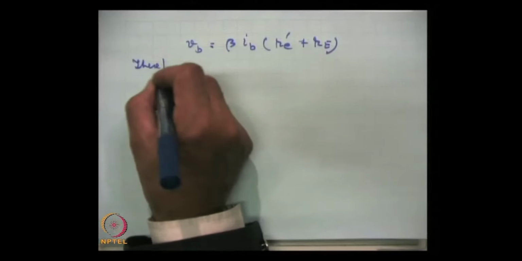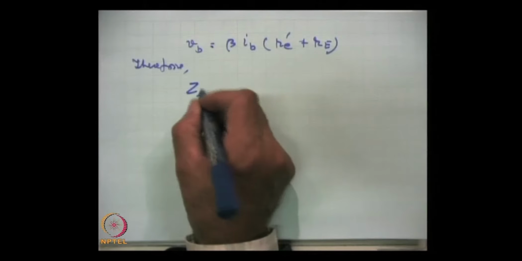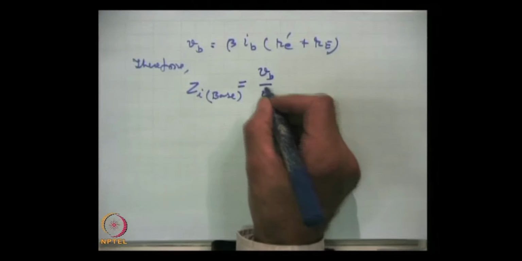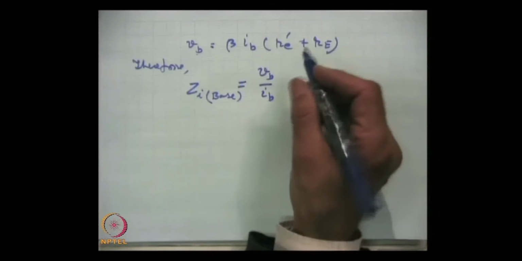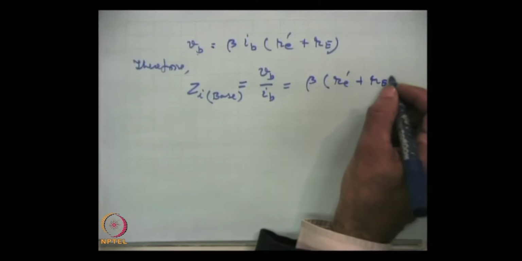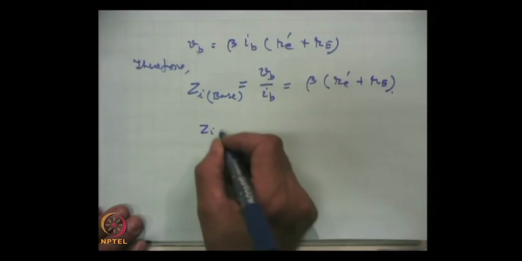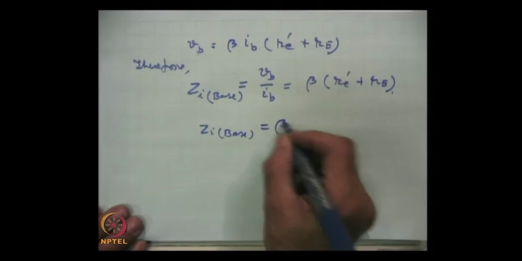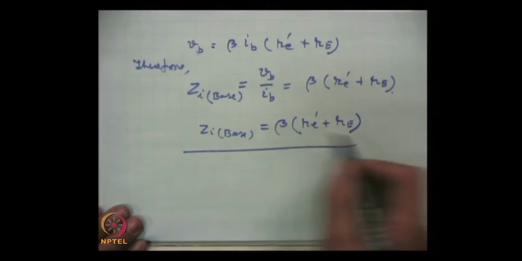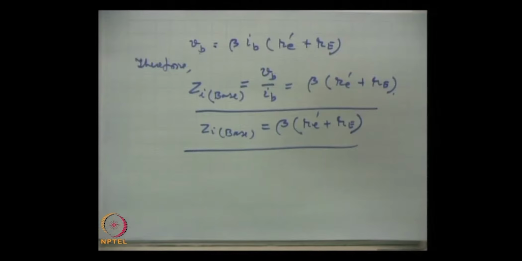Therefore, the input impedance as seen at the base becomes equal to V B by I B, which is simply a very important relation: Z I base is equal to beta times R E prime plus R E. Two of the most important parameters for a voltage amplifier are the voltage amplification, that is voltage gain, and input impedance, and this is the relation for the base.